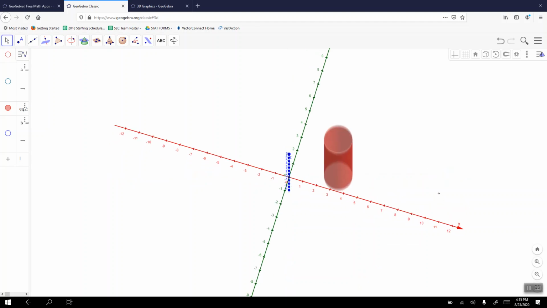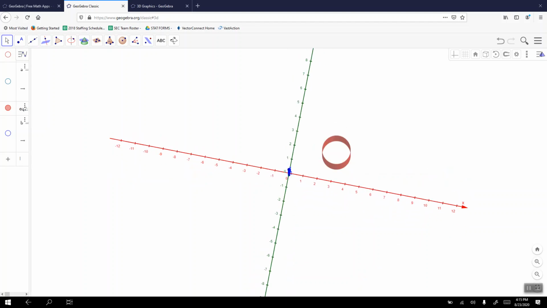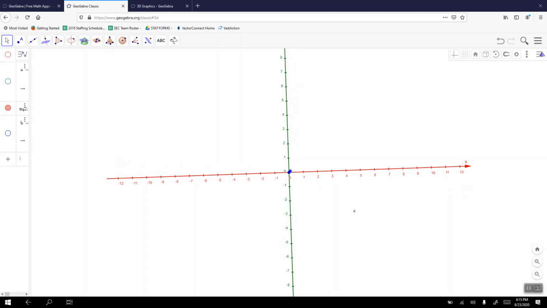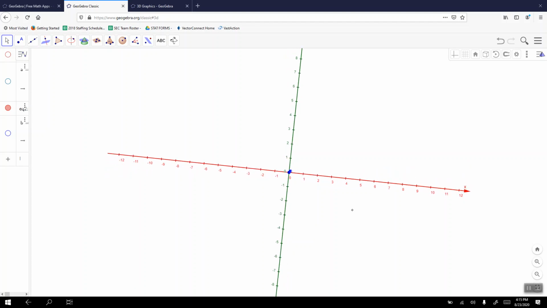Let's see, can I get this here? There we go, some sort of circle. I don't want to give it away here. So we have some sort of circle that we are analyzing. But there is no z component. However, we are adding a restriction for the z component to be any value greater than or equal to -1.